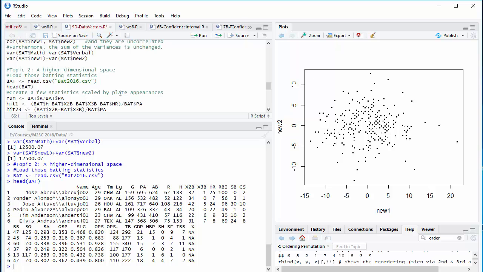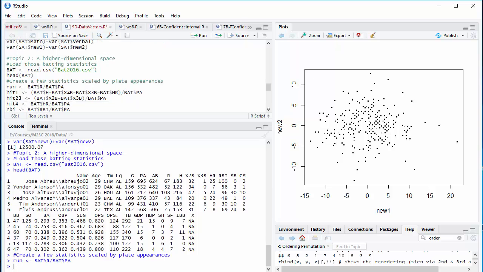And what I'm going to do is to extract from this 6 statistics, and for each of them I'm going to scale by the number of plate appearances. So my first one is going to be runs scored per plate appearance. The next one is going to be the number of singles, hits minus doubles minus triples minus home runs, per plate appearance.